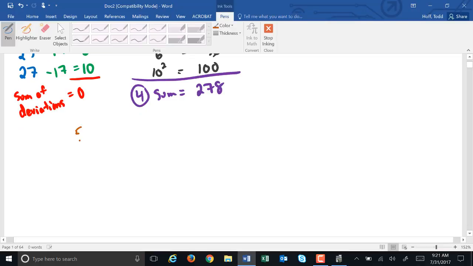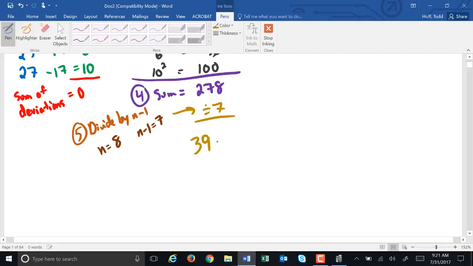What is step 5? Very good. And n here is 8. So n minus 1 is 7, which means we divide by 7, which is going to give us 39.71428571429, right?